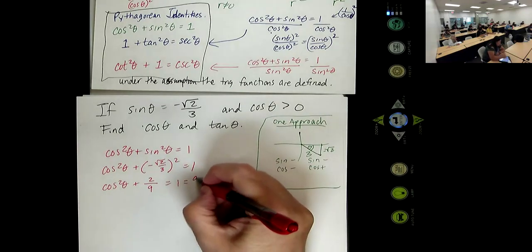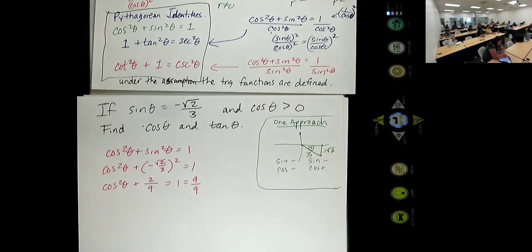I'm gonna rewrite that 1 as 9 over 9, so that I can subtract 2 9ths from both sides.